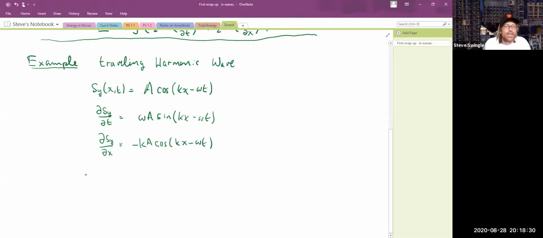So if I just wrote this whole thing out, the energy, and filled these into the expression I had above, it's 1/2 the linear density, and then I'd have A squared omega squared cosine. I'm sorry, sine, isn't it?